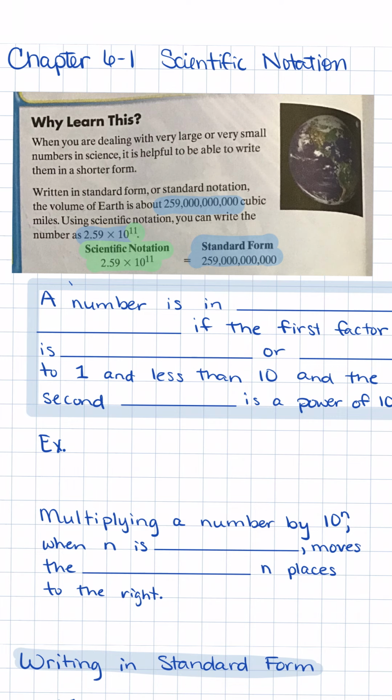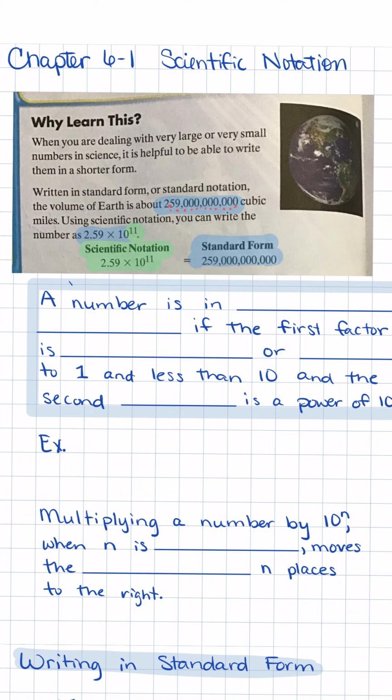Well, if you look, we have 1, 2, 3, 4, 5, 6, 7, 8, 9, 10, 11. So they put a decimal point after the 2, and then after the 2 there are 11 places. That's how they came up with that number.